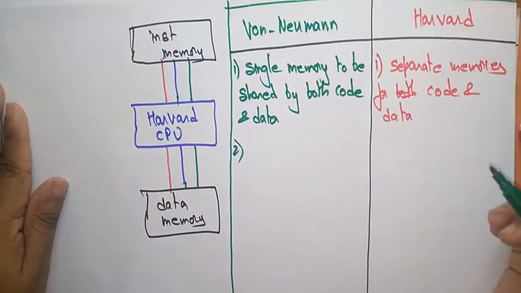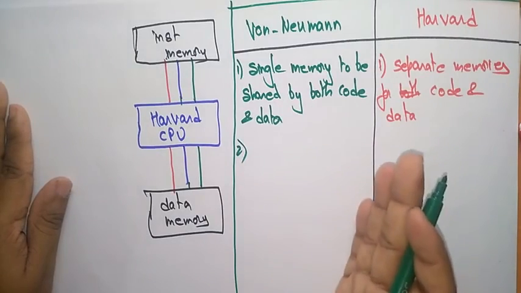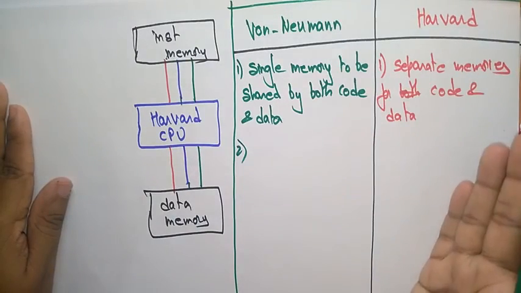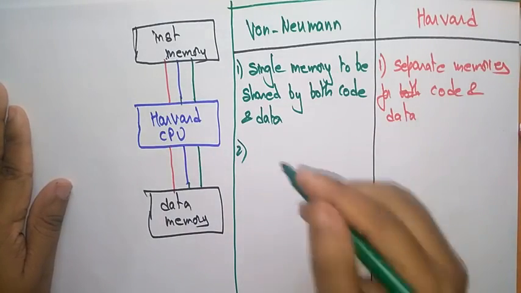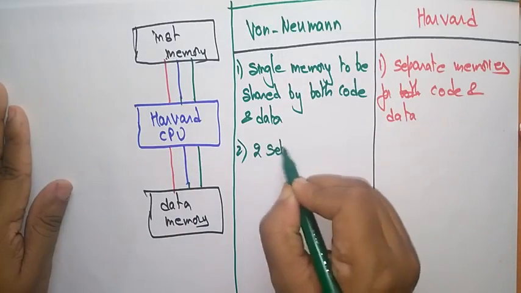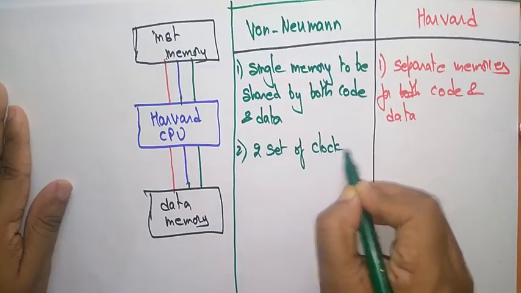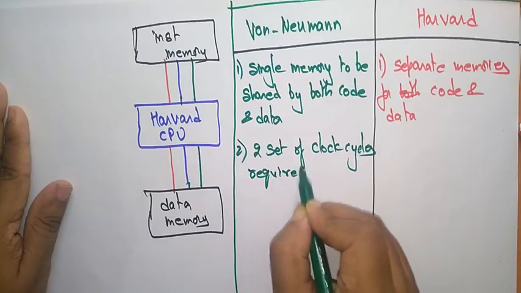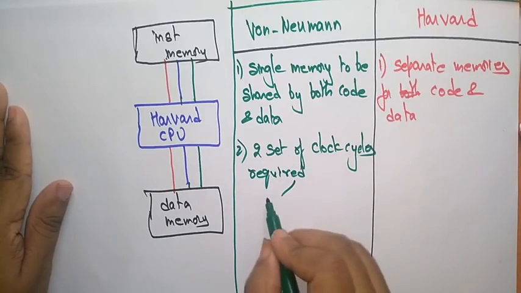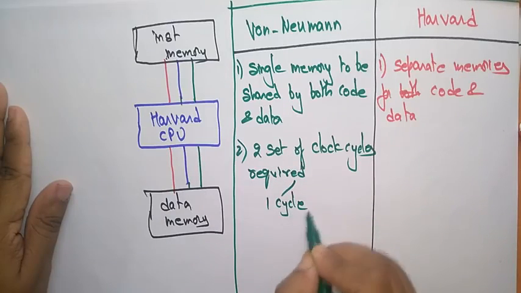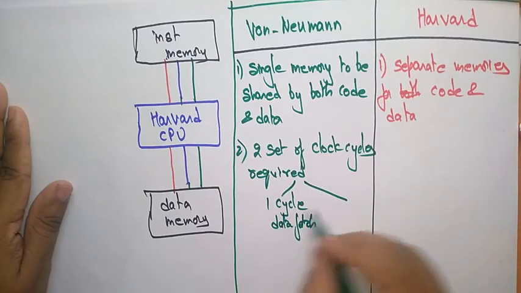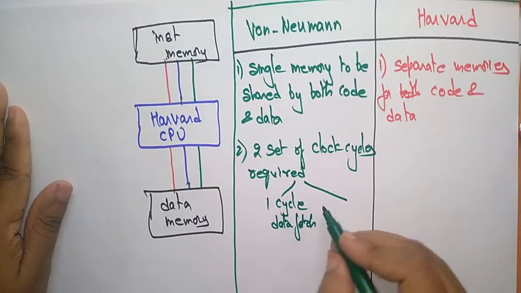Next point. In von Neumann architecture, the processor has to fetch code in one clock cycle and data in another clock cycle, so it requires two sets of clock cycles. One cycle for data fetch and another cycle for instruction fetch.